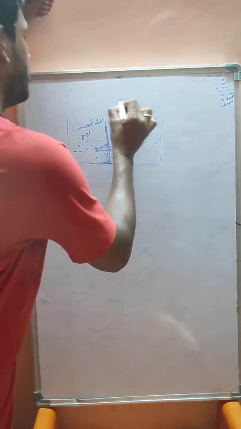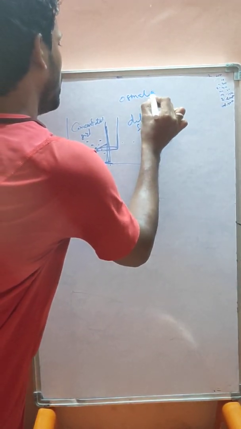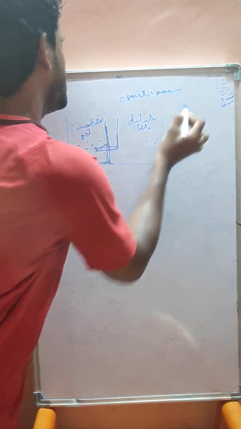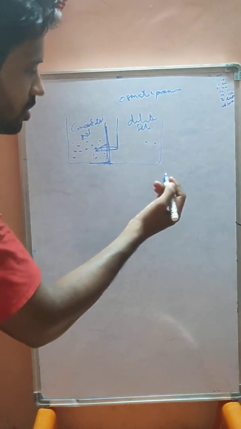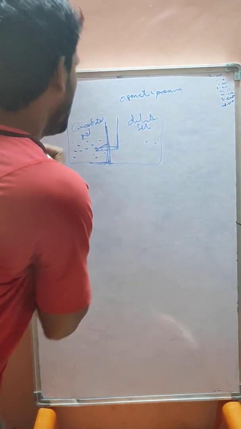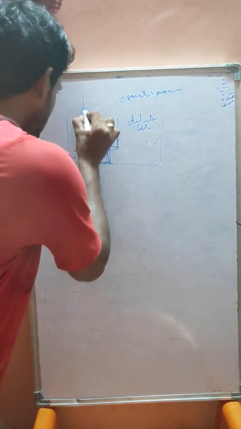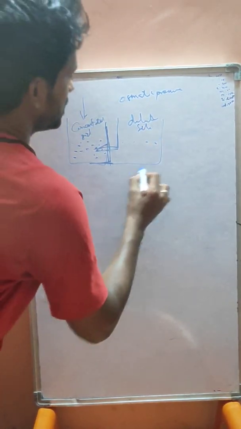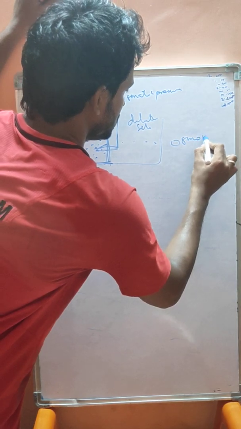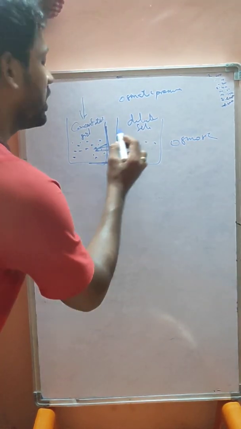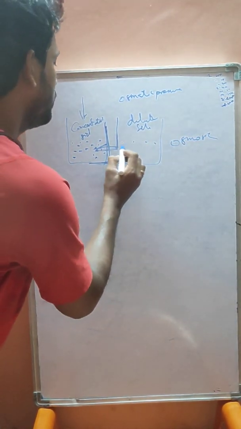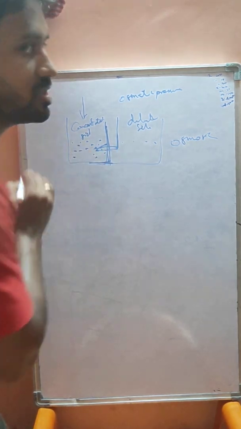That is called osmotic pressure, because of the concentration difference. This is called osmosis, the movement of the dilute particles to the concentrated side, equalizing both sides.